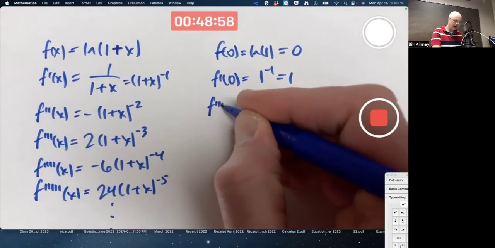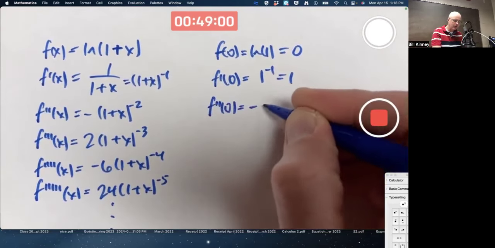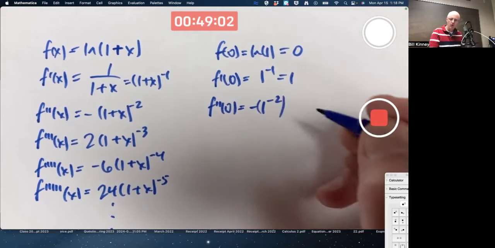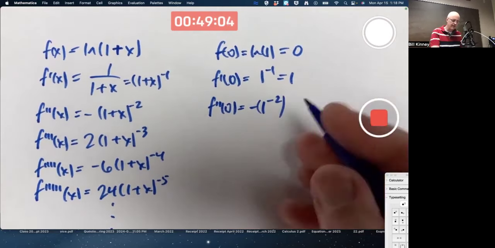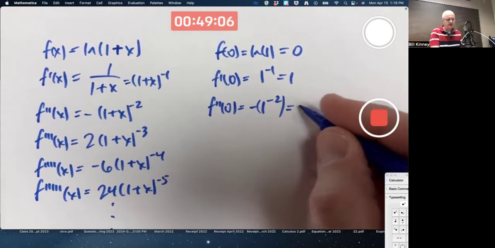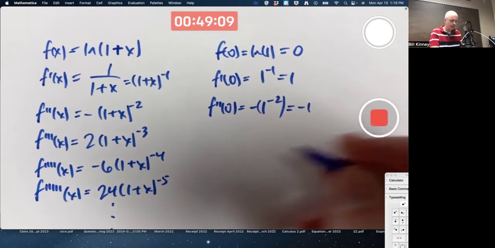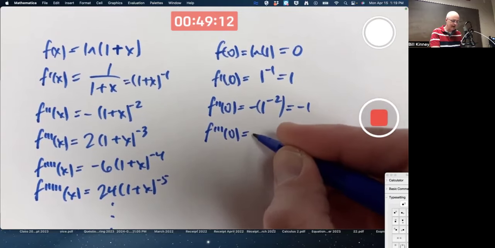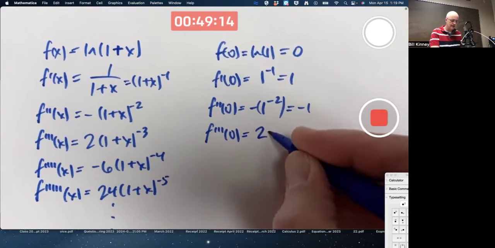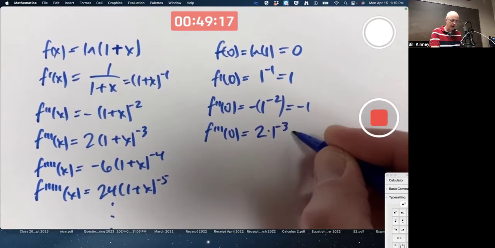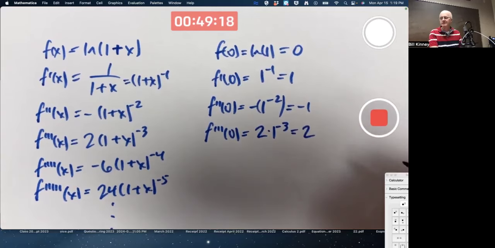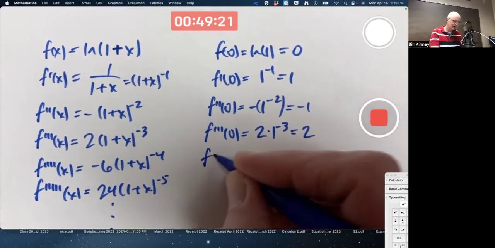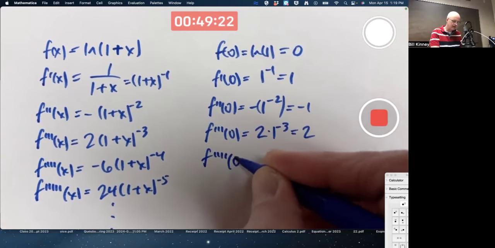F double prime of 0 is going to be negative 1 to the negative 2. And again, order of operations is to do the negative 2 power first. So this is really negative 1. F triple prime of 0 is the same as what f double prime of 0 was in the previous example. Yep, that kind of pattern continues.